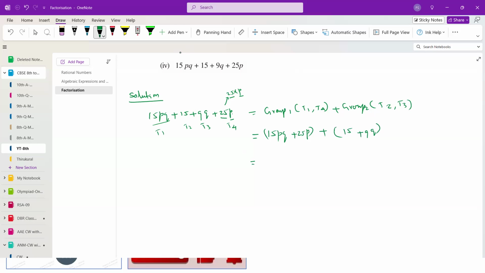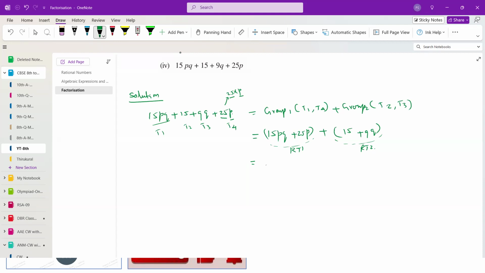Now this is the revised term 1 and this is the revised term 2. What is the common factor of revised term 1? You can say 5.